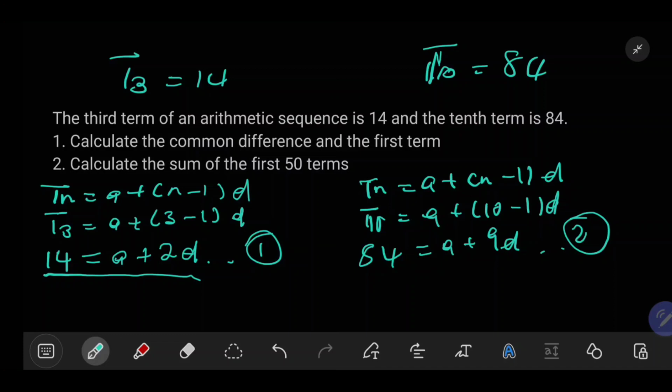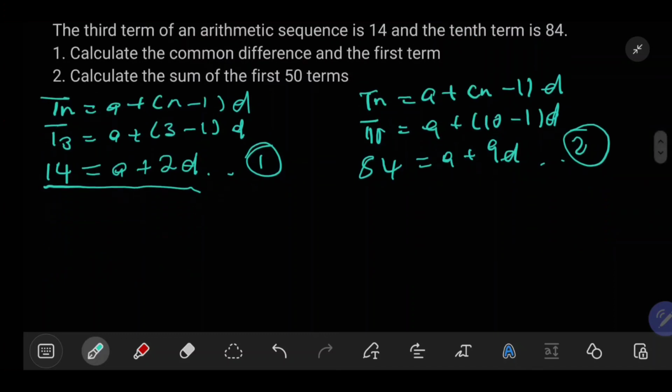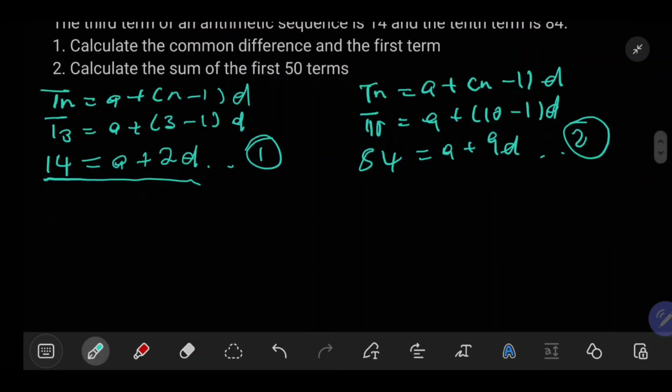Okay, so you can choose to eliminate, or you can choose to make any variable the subject of the formula. So for the sake of this video, I'm going to make a the subject of the formula. So I'm going to have 14 minus 2d equals a. And on this side, it means 84 minus 9d equals a.